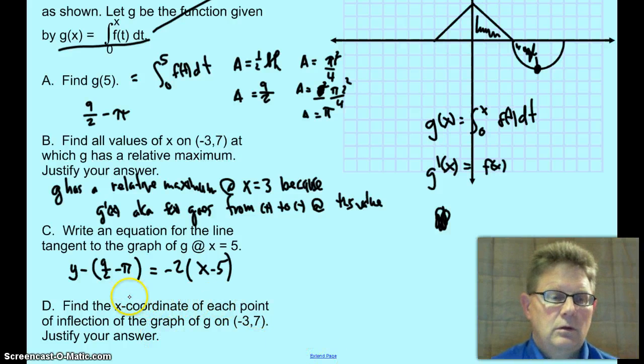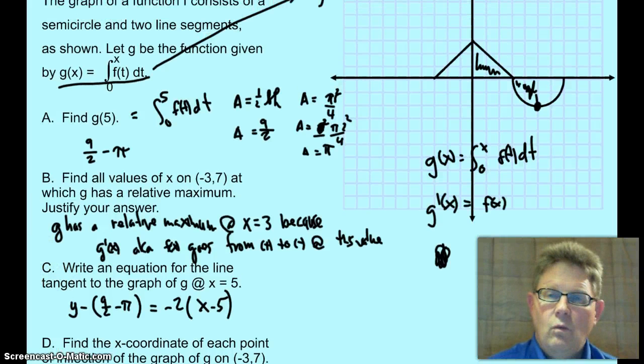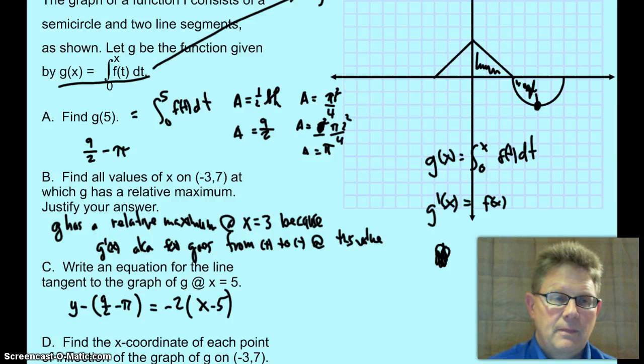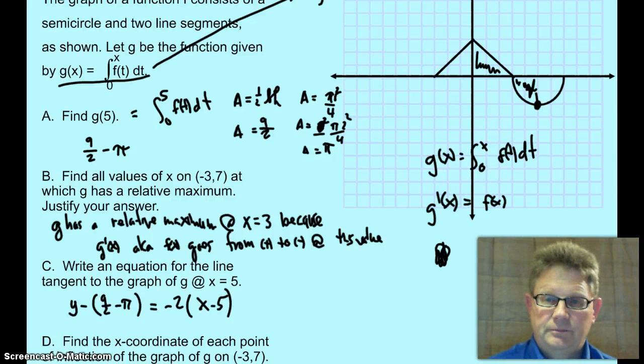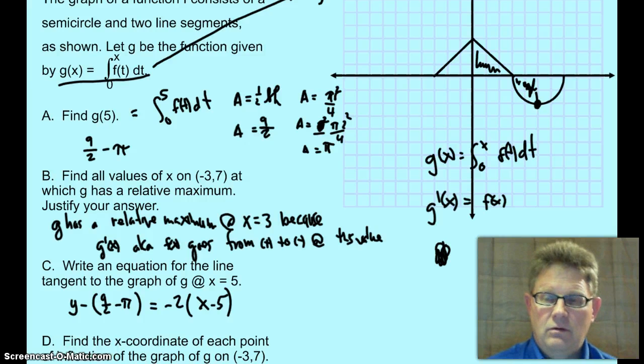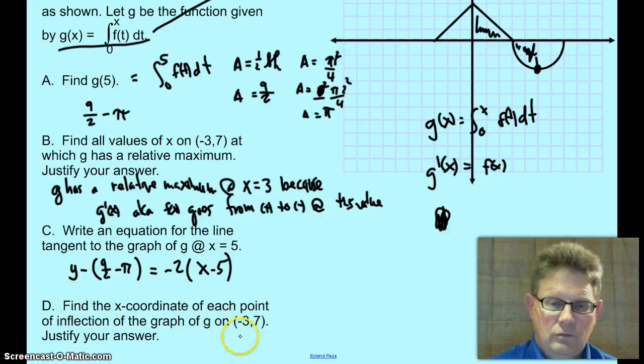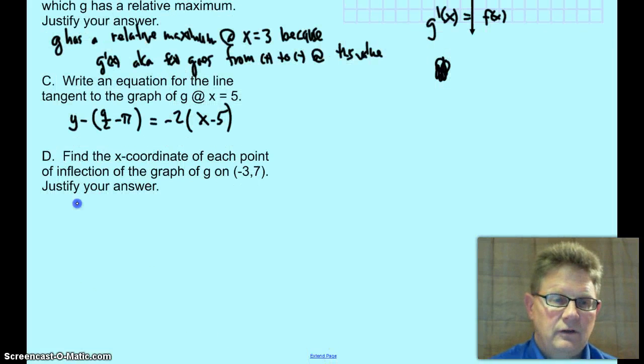And now, D, find the x-coordinate of each point of inflection of the graph of g, negative 3 to 7. Justify your answer. Okay, where does g prime have a slope sign change? At 0 and at 5.